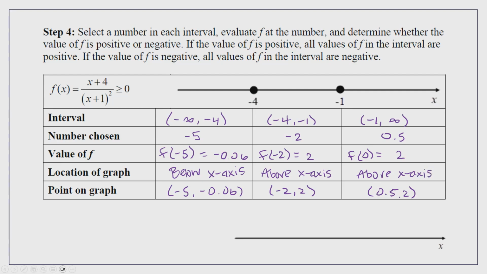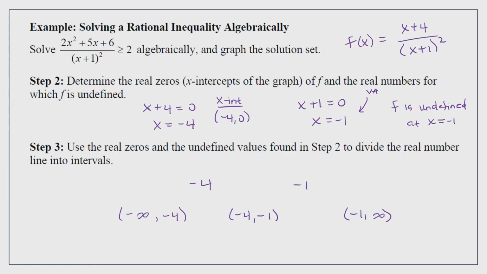Okay? And that makes complete sense because we know the factor that got us -1, as an undefined 0, has a multiplicity of 2. So we know that on both sides of this 0, in quotation marks, we're going to be on the same side, whereas the factor that got us our 0, -4, has a multiplicity of 1, which is odd.